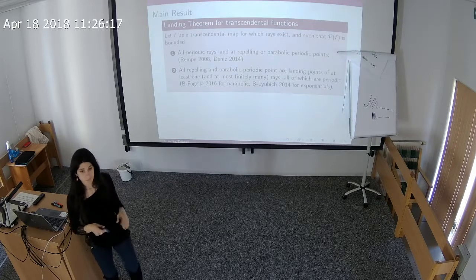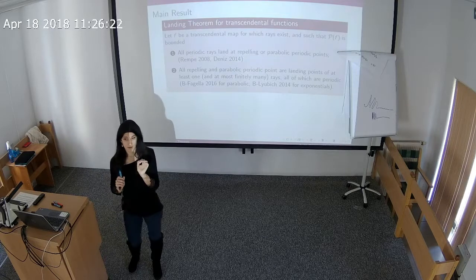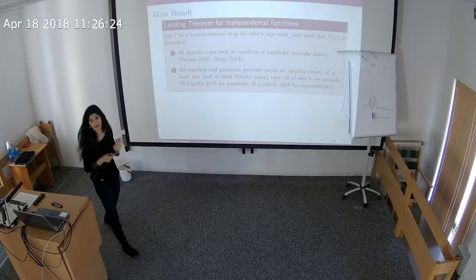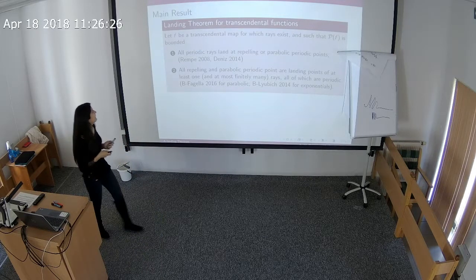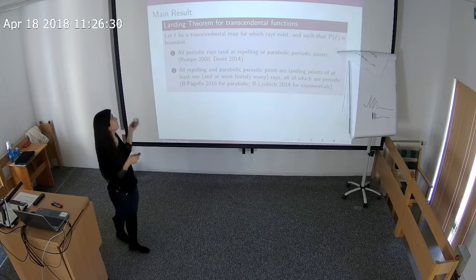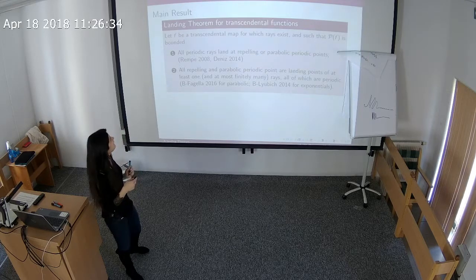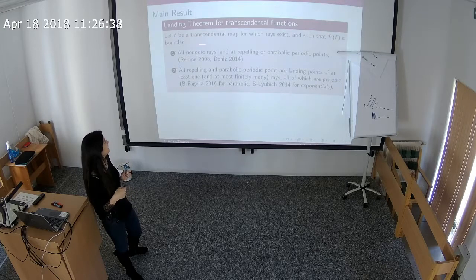So you really need these geometric assumptions to have curves. But I will go back to this again. For this theorem and this talk, we will need the geometric assumption that rays exist, and we will assume that the postsingular set is bounded.